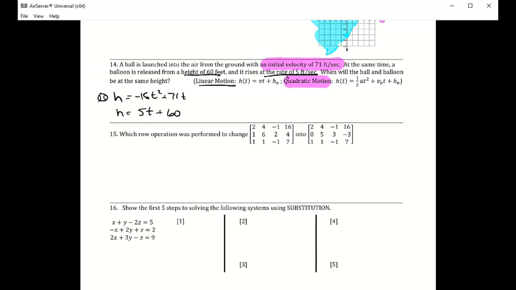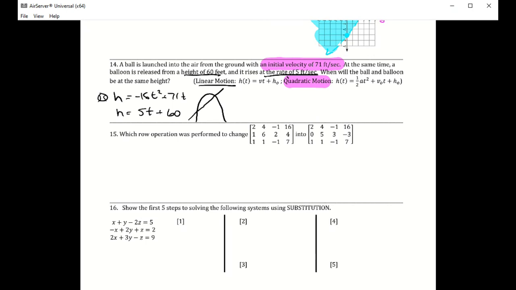Now I can tell you, you could set these equal to each other, use the quadratic formula, but it's probably going to be easier if you go the y1, y2 second trace intercept route. And if you do that, you're going to get 2 intersections, because your ball's going up and coming back down while your balloon is going up and keeps going up.